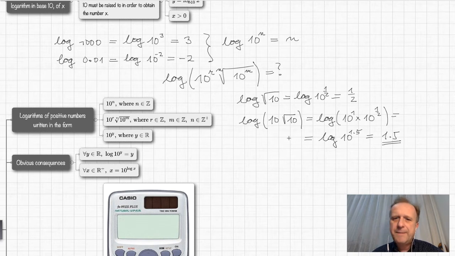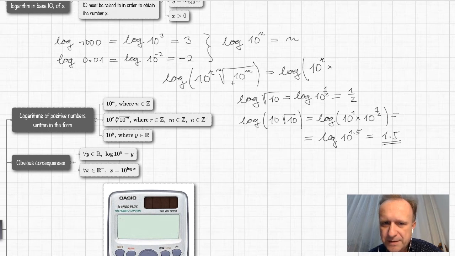Now, in the general case, as was proposed here, this general case of numbers in the form 10 to the power of r times the nth root of 10 to the power of m, you proceed in the same way. So you have the logarithm of 10 to the power of r times, and as you well know, the nth root of 10 to the power of m is just 10 to the fraction m over n.